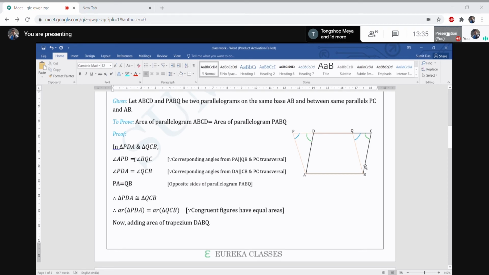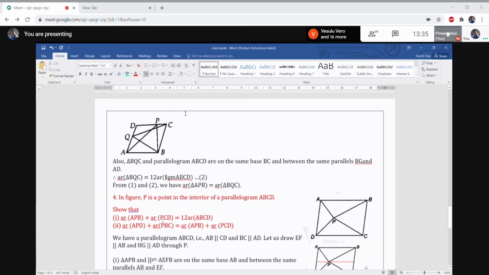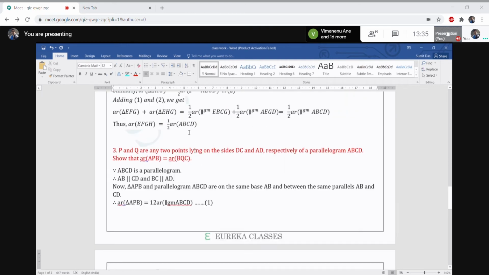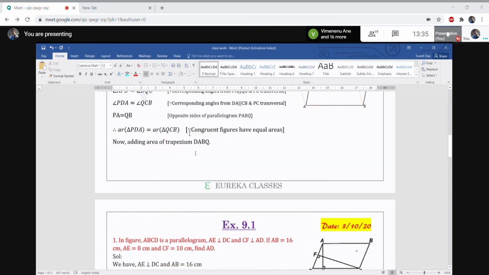Then what we can see? These two triangles are congruent. By which congruency? Let me know.